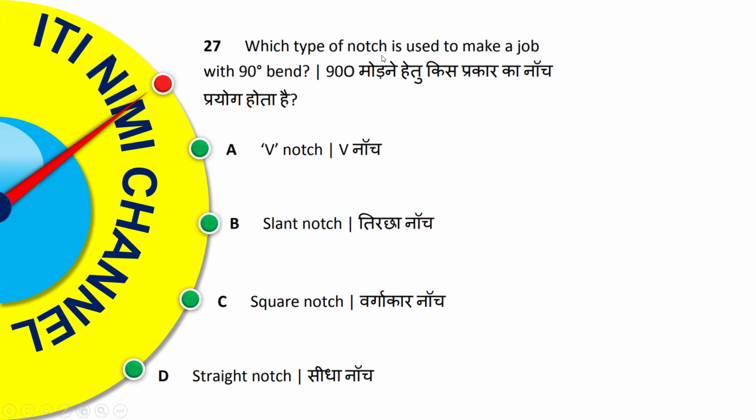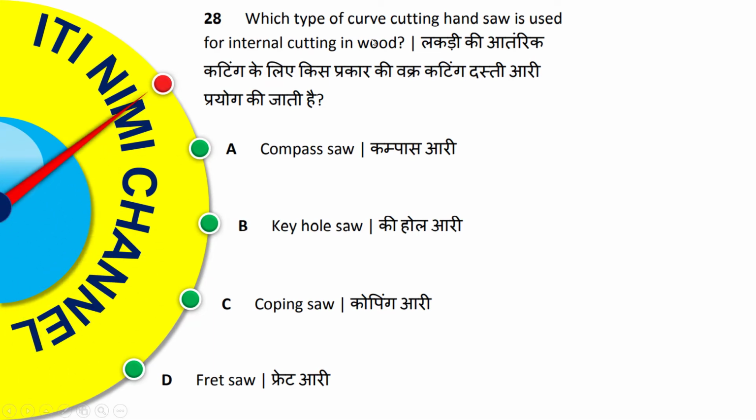Which type of notch is used to make a job with 90-degree bend? V-notch, slant notch, square notch, straight notch. The answer is V-notch. Which type of curve cutting handsaw is used for internal cutting in wood? Compass saw, keyhole saw, coping saw, fret saw.